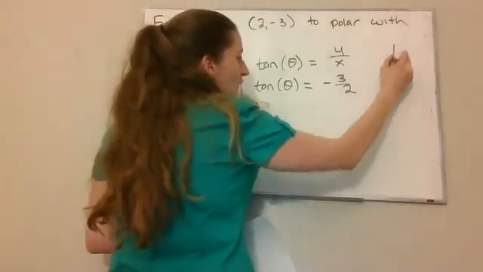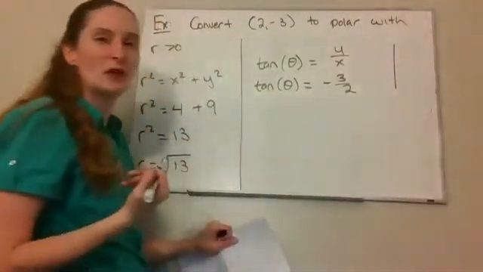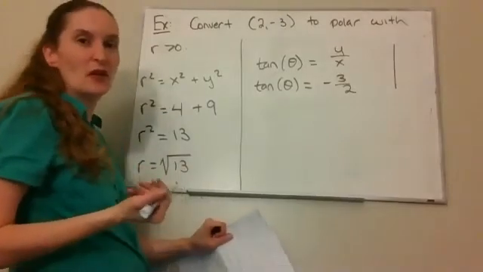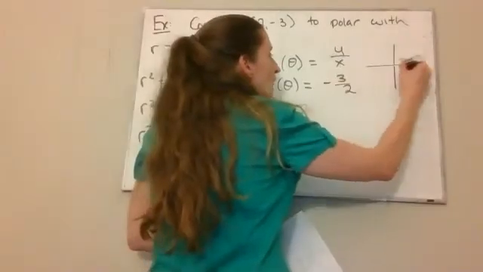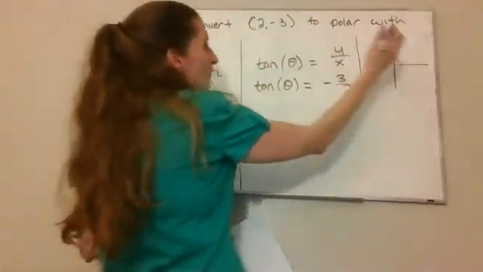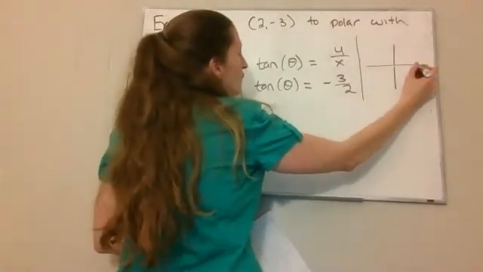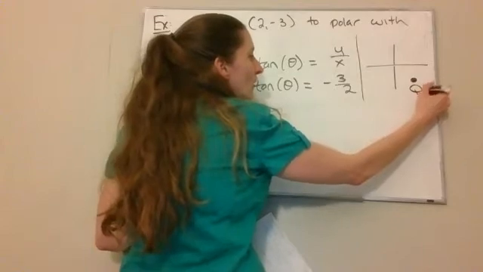Now, this one's a little tricky because it can be difficult to find this theta, because we don't have a value on the unit circle that will give me that exact value for tangent. So let's first take a look at what this point would look like if I graphed it in rectangular coordinates. (2, -3) is somewhere over here in quadrant 4.